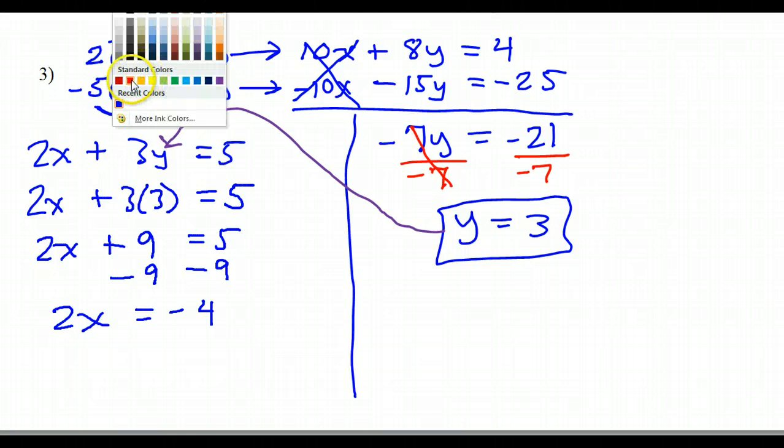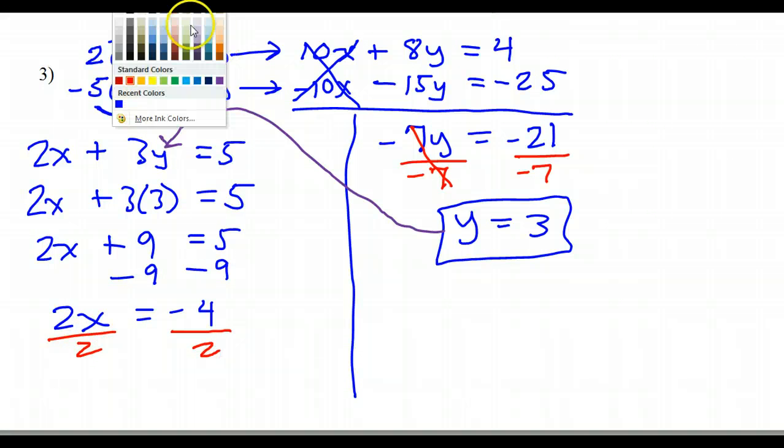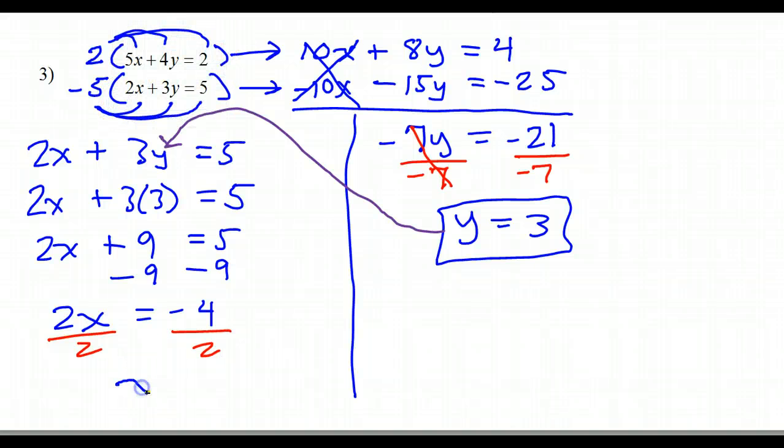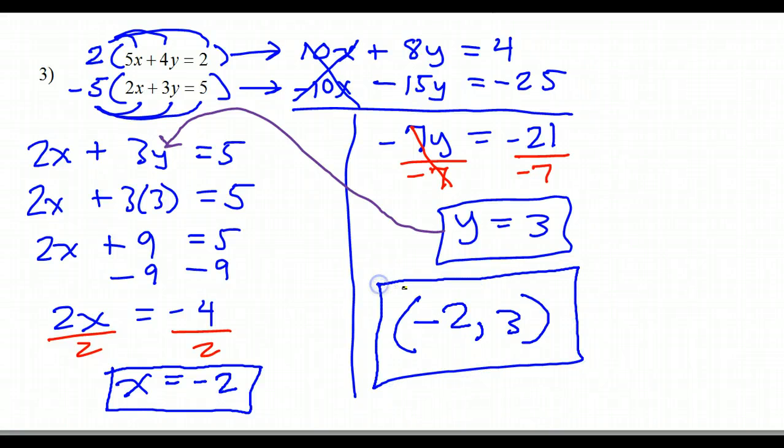And then divide by 2. So that's going to give us x equals -2. Which means as an ordered pair, the answer would be -2, 3. Okay, that's how we would do number 3.